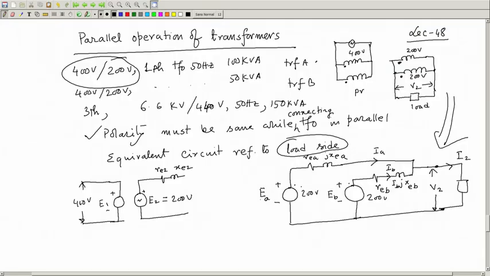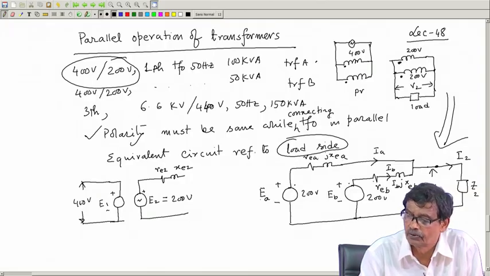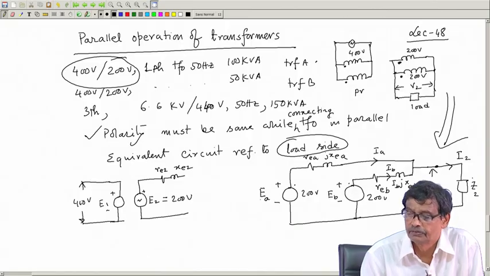Nonetheless, let us assume, as a general case, that the induced voltages are EA and EB, close to 200 volt each, and there is a load impedance connected. All the equivalent circuit parameters are referred to the secondary side, the load side, so the transformer A equivalent circuit is simply EA, REA, jXEA and so on. Here also EB, this one.